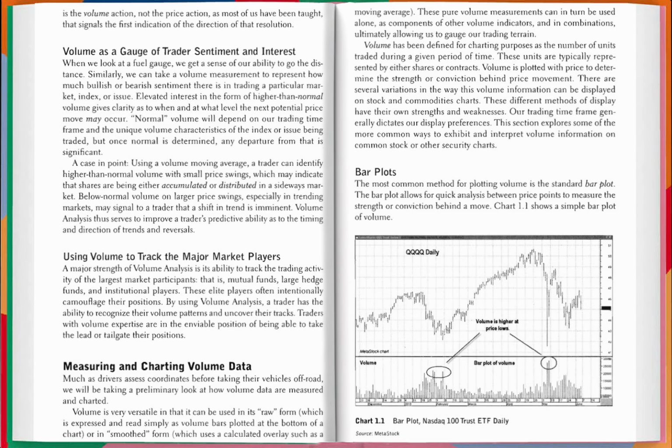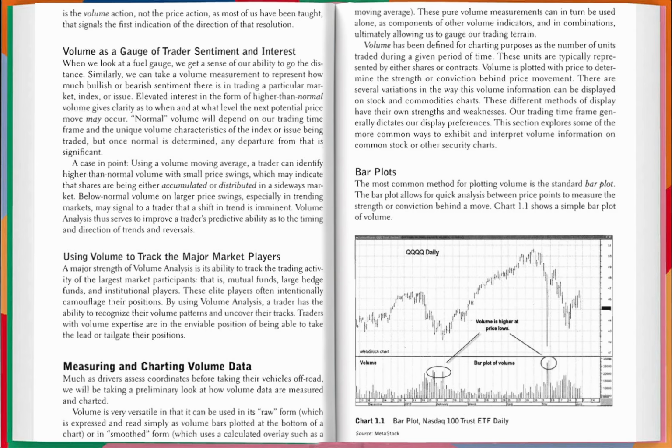Below normal volume on larger price swings, especially in trending markets, may signal to a trader that a shift in trend is imminent. Volume analysis thus serves to improve a trader's predictive ability as to the timing and direction of trends and reversals.